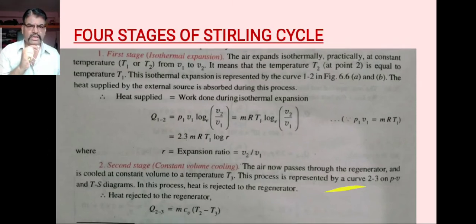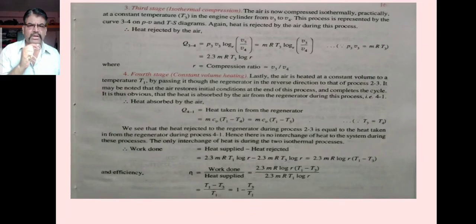Then the next, the third stage, is isothermal compression, process 3 to 4. The air is now compressed isothermally at a constant temperature T3 in the engine cylinder from V3 to V4. In this process, heat is rejected by the air. It means we can write Qr is equal to Q3 to 4.